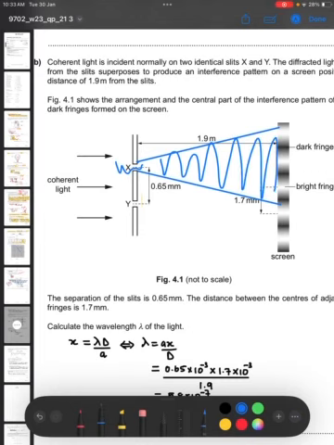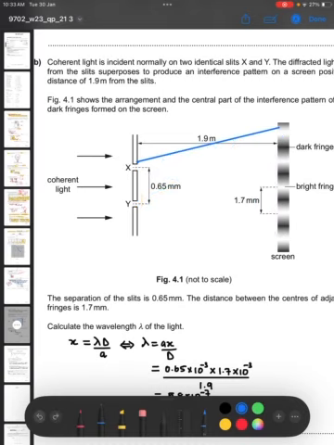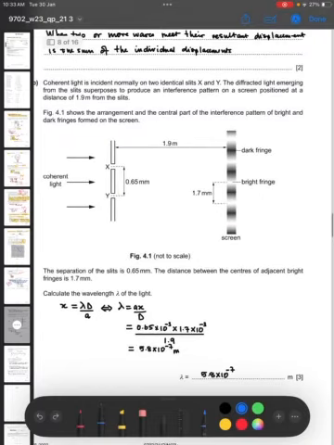Then another light entering through these slits is diffracted like that. So when this light meets, because it is diffracted into each other's region, it produces an interference pattern, as the question is saying.